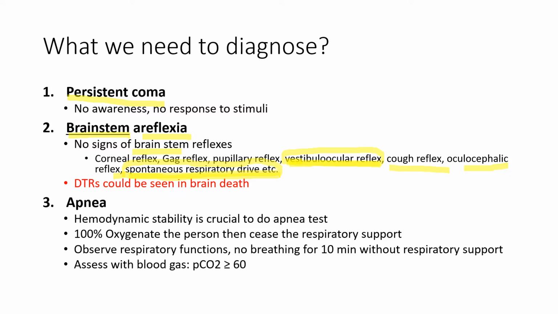An important thing in here is we could see deep tendon reflexes in a person who is in brain death, because DTRs are not related to the brain. They have circuits coming from the spinal cord. So even in brain death, we could see DTRs.